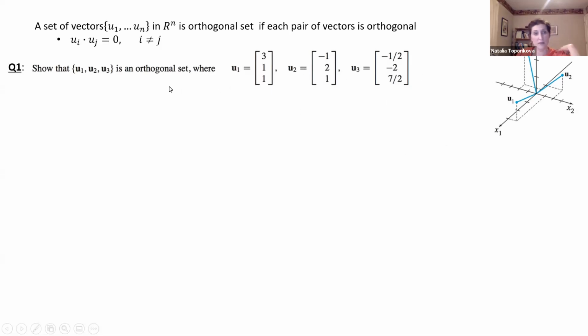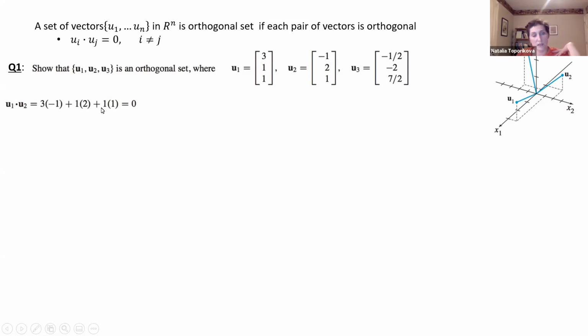But you shouldn't believe me that they are orthogonal. Let's actually test if those three vectors, which are illustrated here in the picture, are an orthogonal set. Again, all we need to do is calculate the dot product of each pair. For example, let's take vectors u1 and u2.